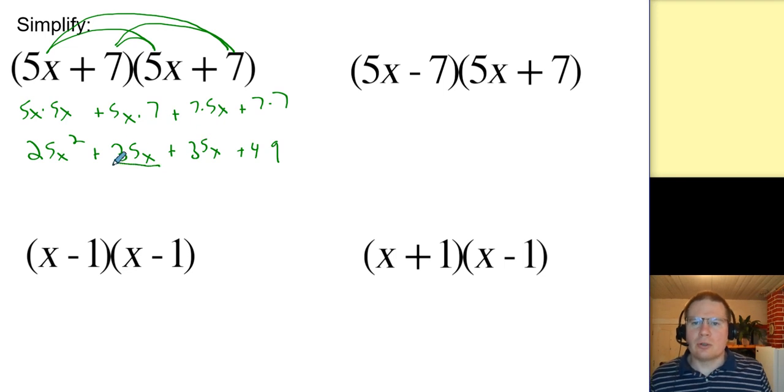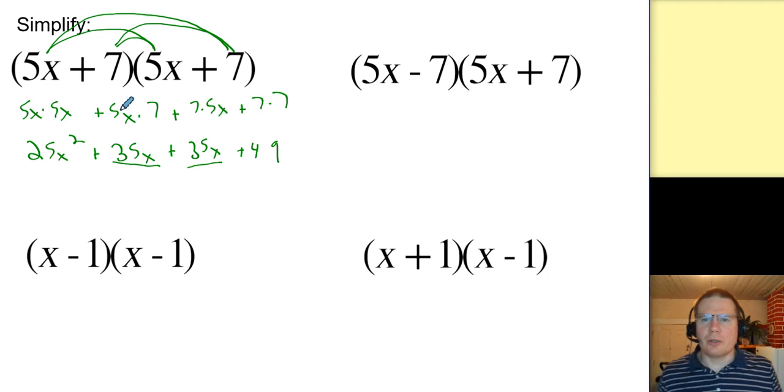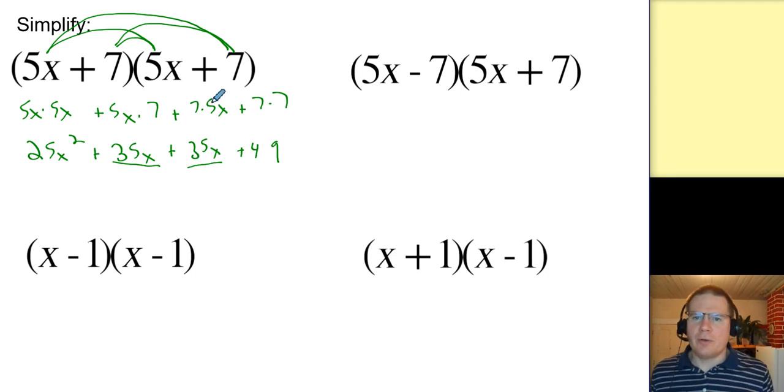Now you notice that they're exactly the same. What did we multiply here? 5 times x times 7, 5 times x times 7. The commutative property tells me that this product must be the same as this product: 7 times 5x, 7 times 5x. So I have 35x plus another 35x, like terms.